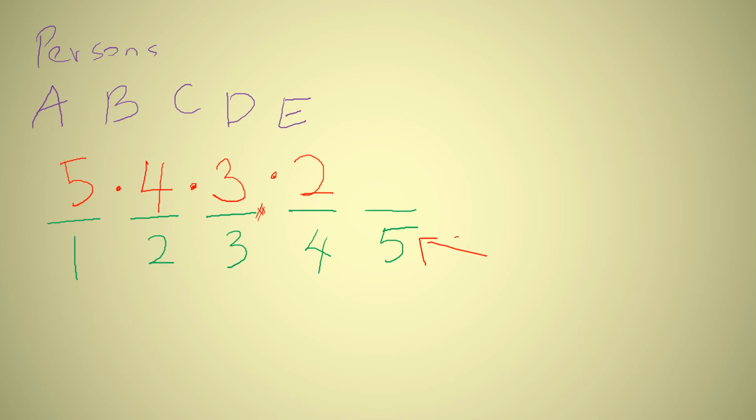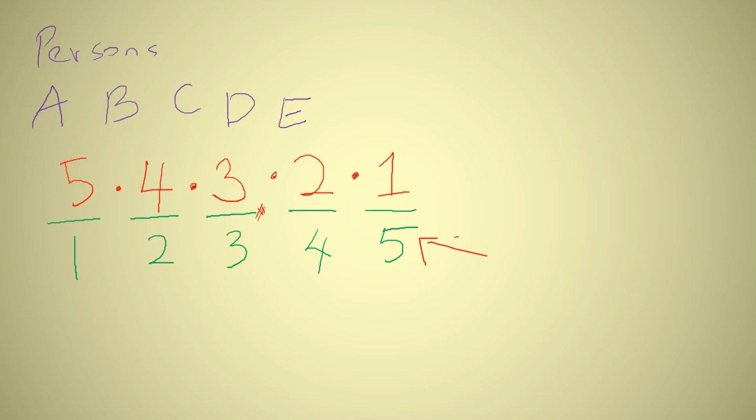And for each of these, how many possibilities are there for the 5th seat? Well, only 1 person hasn't sat down, so there is 1 possibility.